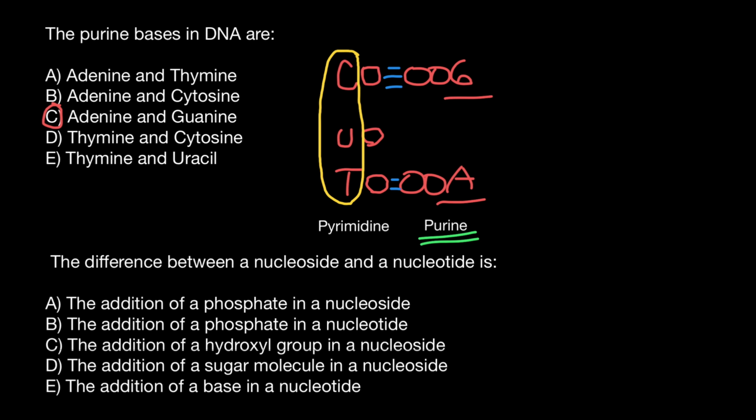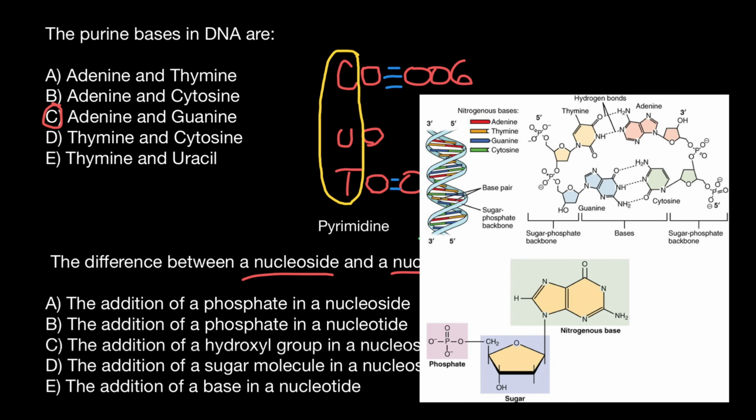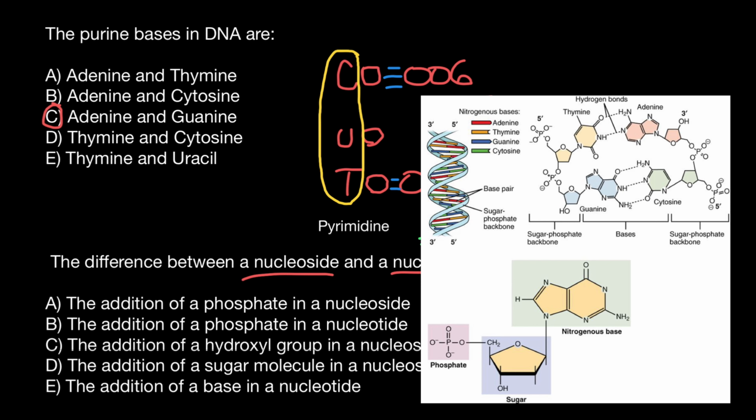And the next question: the difference between nucleoside and nucleotide is. This is another pair of terms that students usually confuse. Take a look at this picture and what we see here. Double-stranded DNA, and here is a picture of the zoomed-in DNA fragment. We see base, sugar and phosphate.